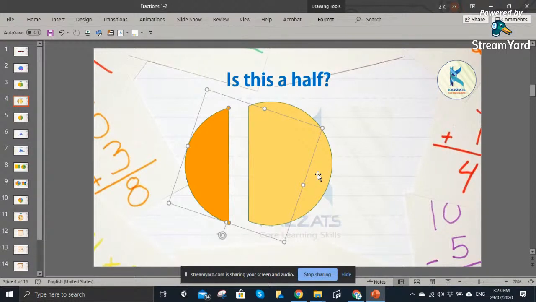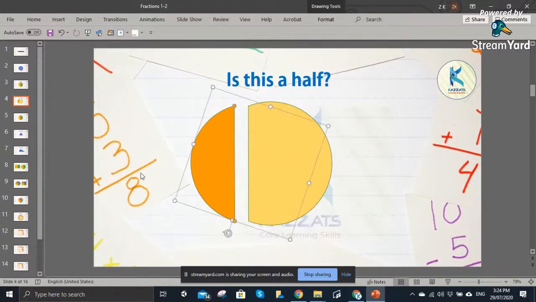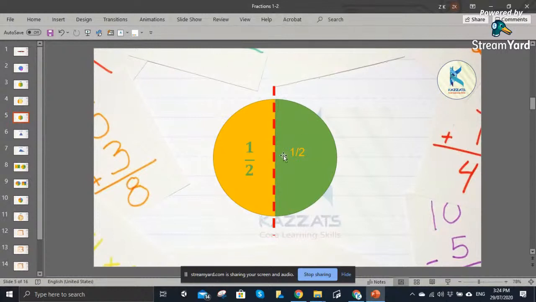This is not a live session as we are doing in the class, but I'm just going to take it for granted that a student of grade 1, or a few members who are not clear on the concept, will say yes, this is divided into two parts and maybe it's a half. For kids, two parts, so 1 over 2 and 1 over 2. But actually, this is a fraction, but it is not 1 over 2. For 1 over 2, we need to divide the shape into two equal parts.